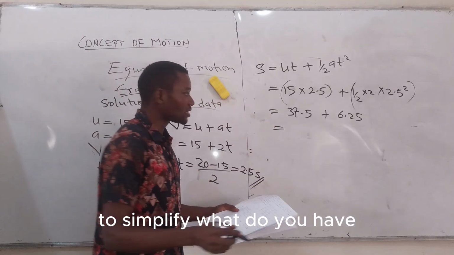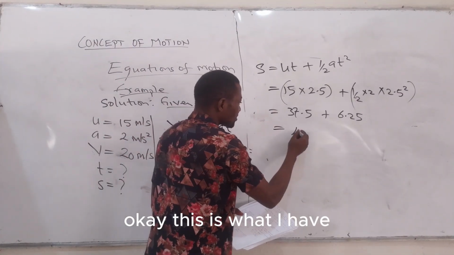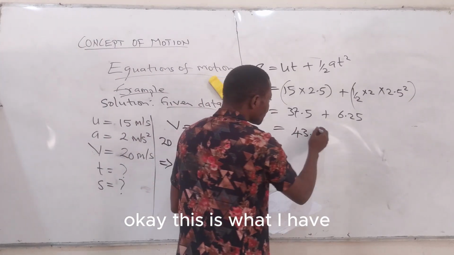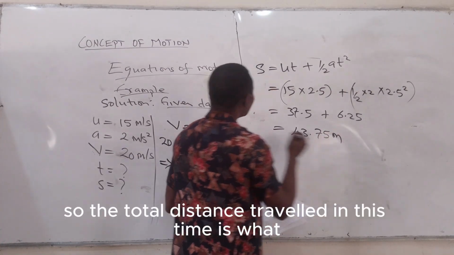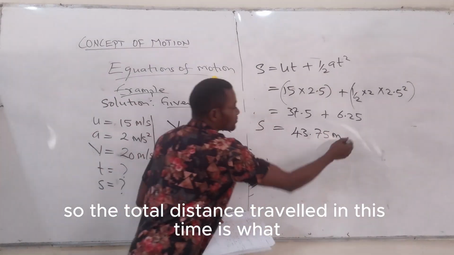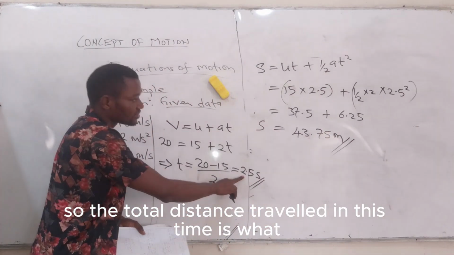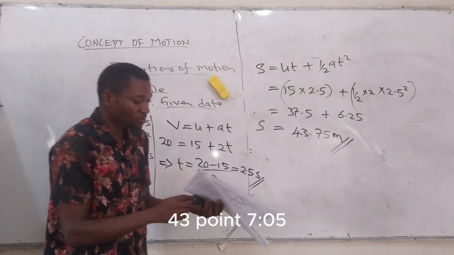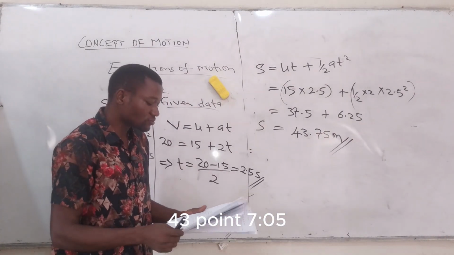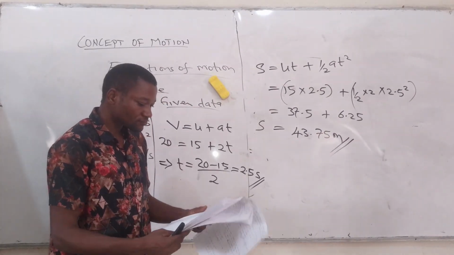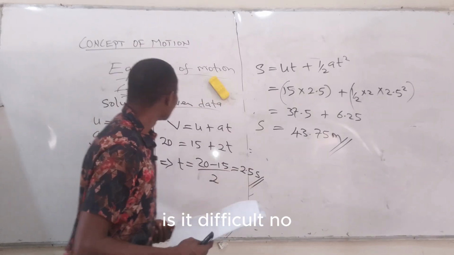If you simplify, what do you have? This is what I have. So the total distance traveled in this time is 43.75 meters. Is it difficult? No.